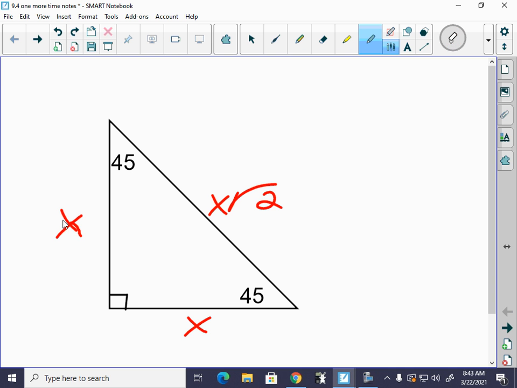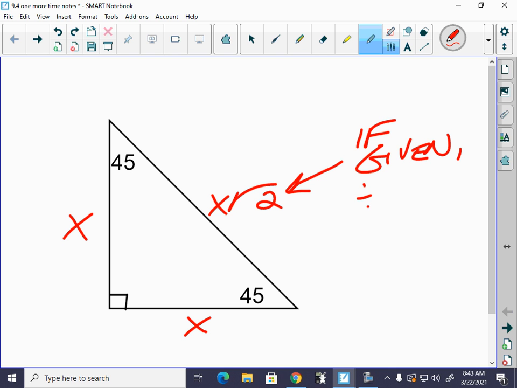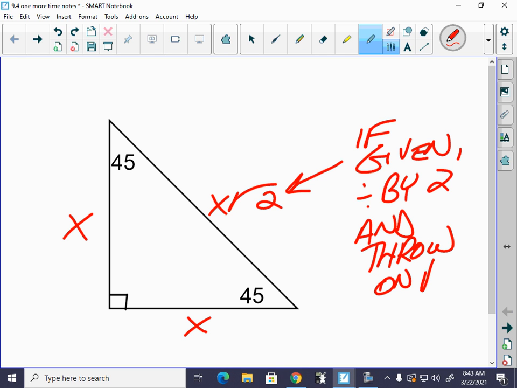And then didn't we learn a trick for this guy right here? Didn't we learn a trick? If that side's given, we did. If given, divide by 2 and throw on the square root of 2 to get x, or to get the other sides.